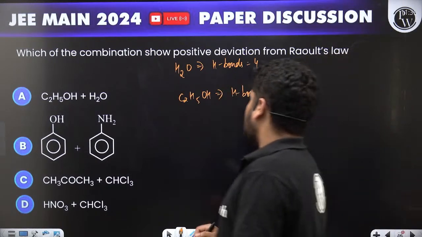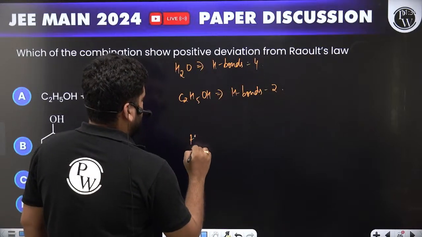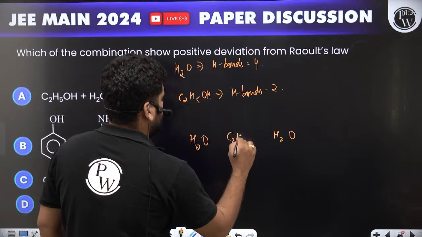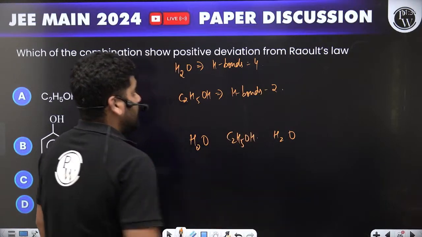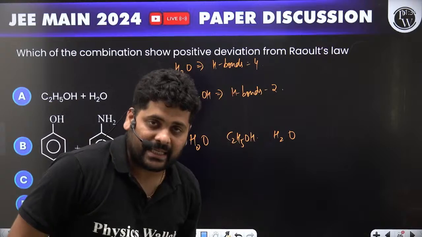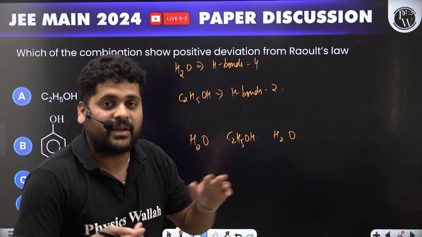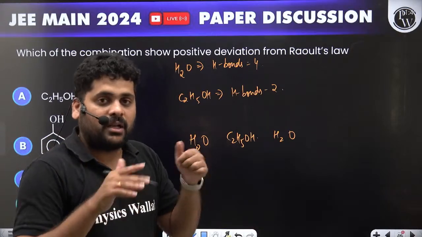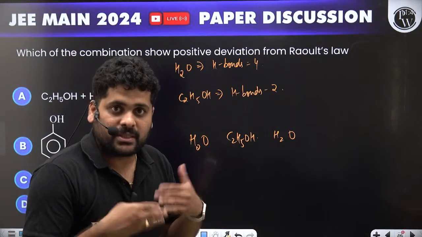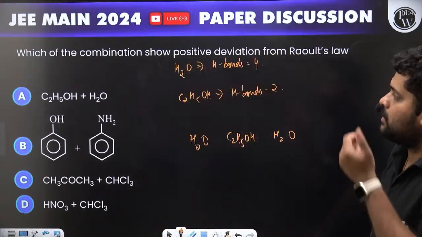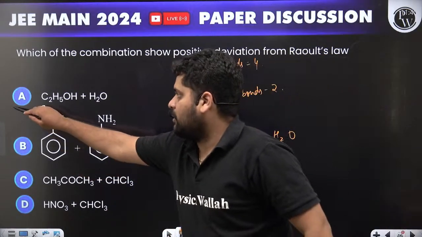Now, between two water molecules, if an ethanol molecule comes into the picture, the number of hydrogen bonds would decrease for the water molecule. If the hydrogen bonds decrease, the vapor pressure increases, the boiling point decreases, it would show positive deviation from Raoult's law. So ethanol and water would show positive deviation from Raoult's law.